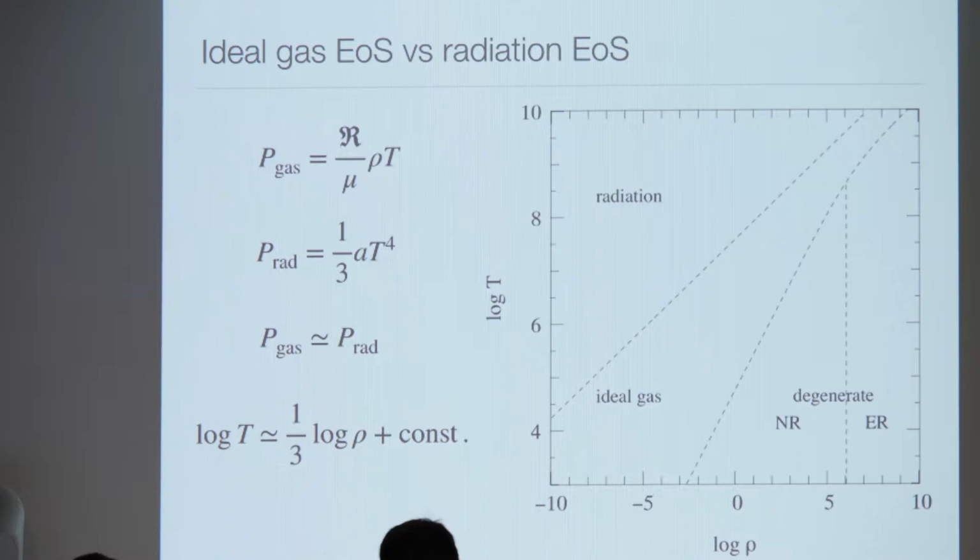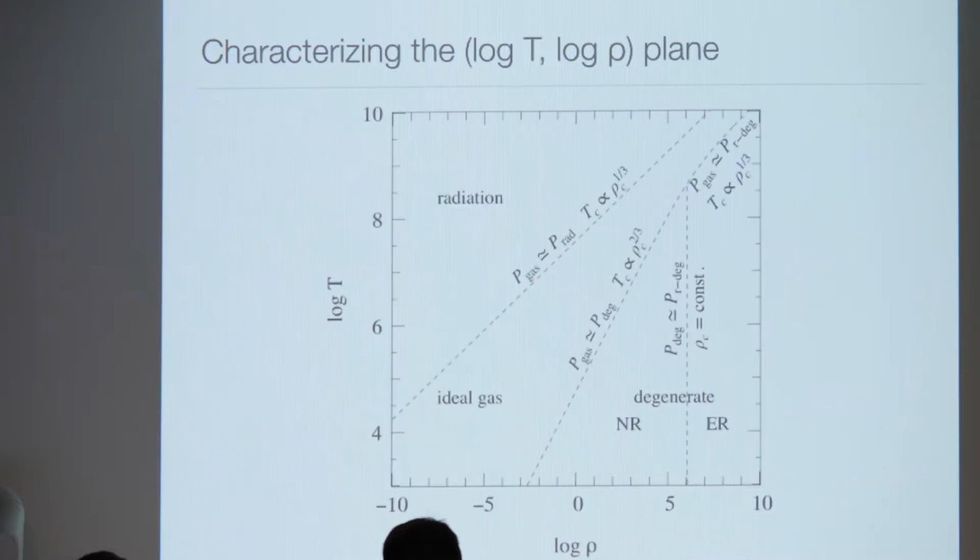So this is basically what we get when we think about those equation of states we considered in the previous lecture. There will be a line above which the radiation pressure will be dominating, proportional to rho to the 1/3, and below that line, ideal gas will be dominating the pressure.